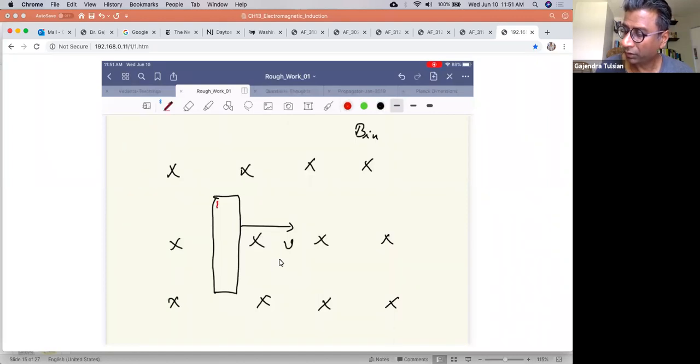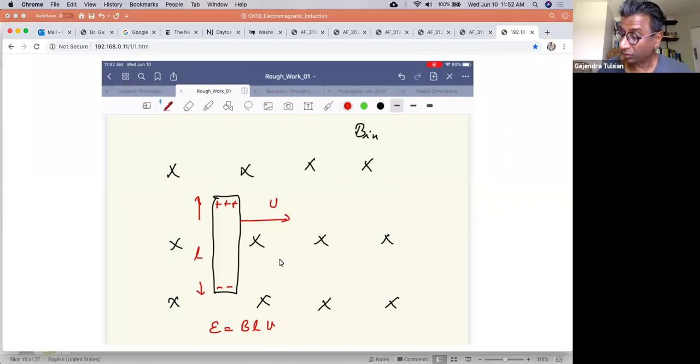And what you find is this rod develops a voltage. And the EMF is vLB, where v is the velocity, and L is the length of the rod.